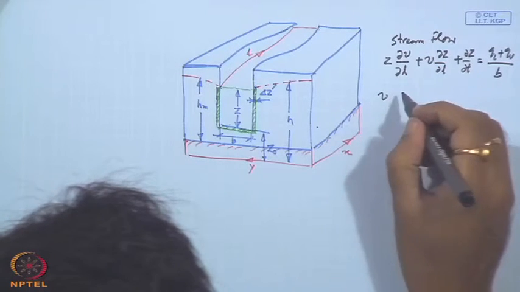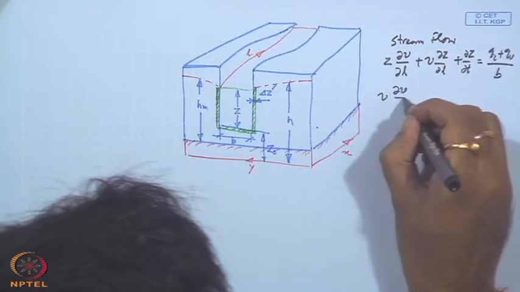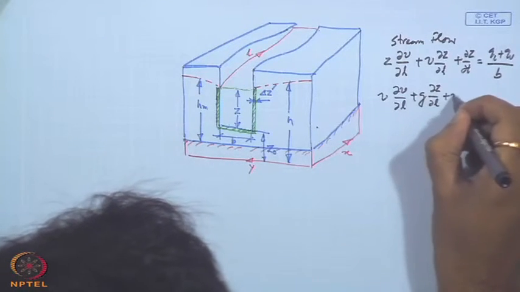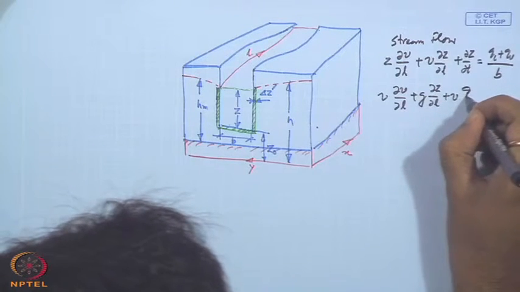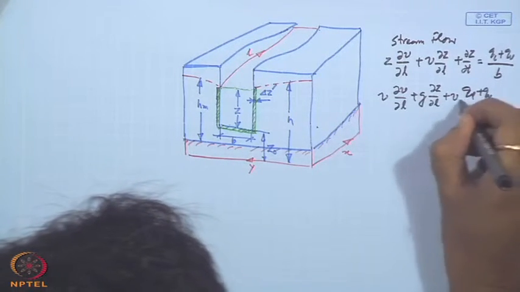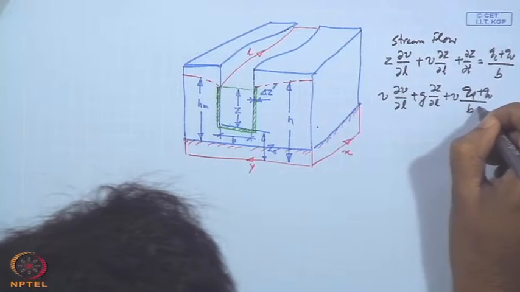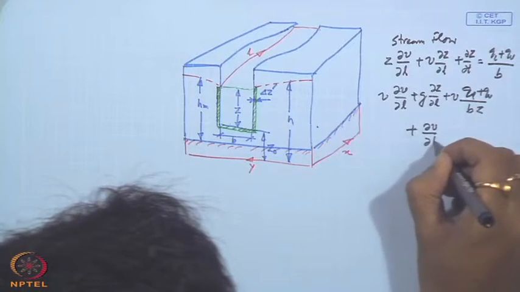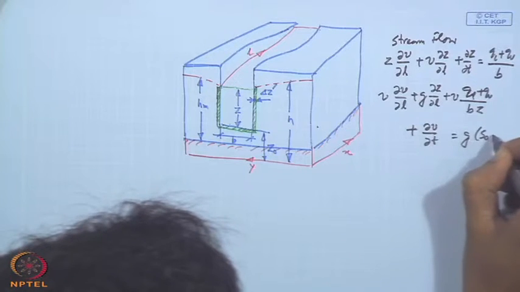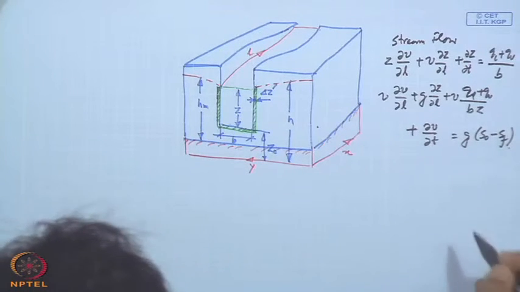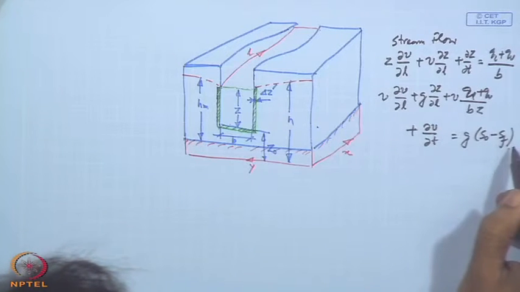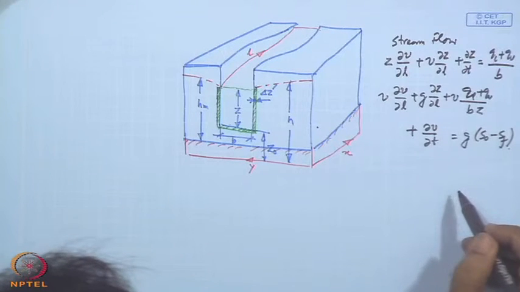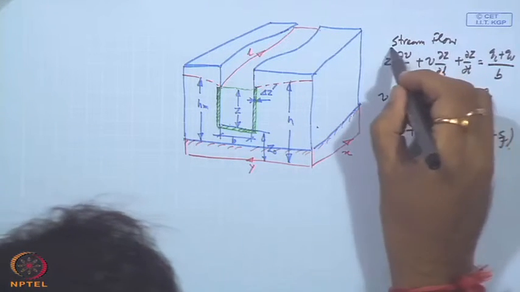And again we need to have the momentum equation. So, this S naught is the bed slope and S f is the friction slope. So, this is for stream flow.